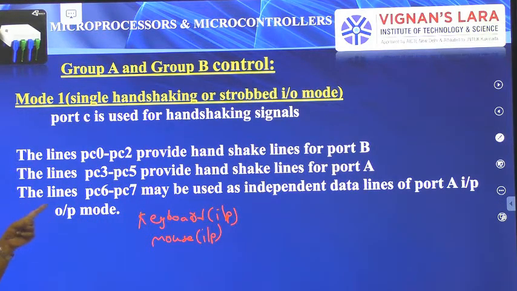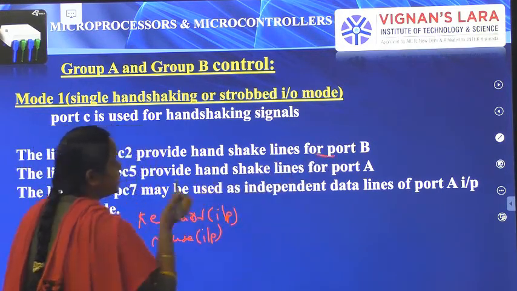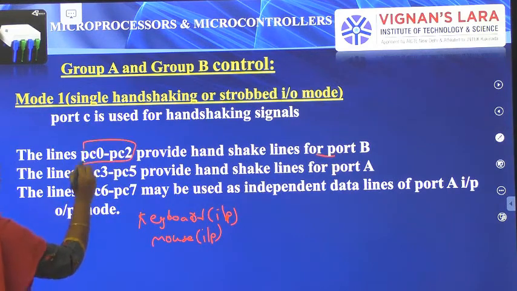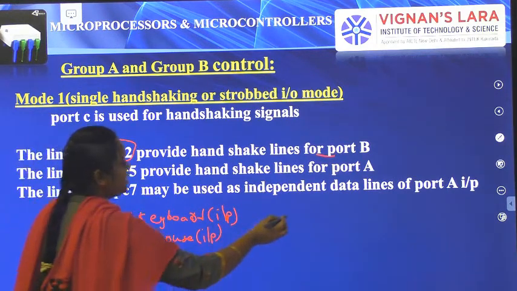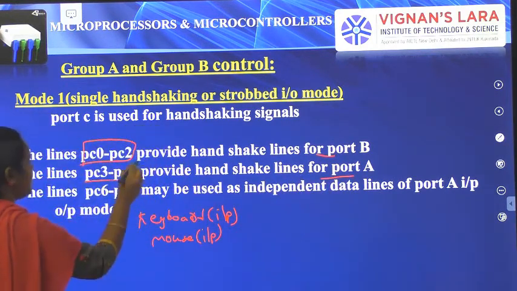So for the keyboard, I am programming like that, using port C for the handshaking signals. Port C carries information from the 8086 microprocessor to the various peripheral devices, and PC0 provides handshaking lines for port B. Port B uses PC0 and PC2, and port A uses PC3 and PC5.